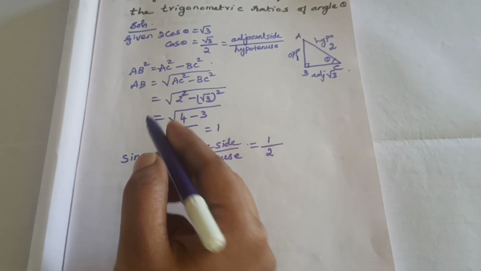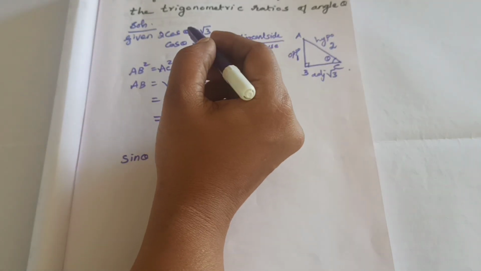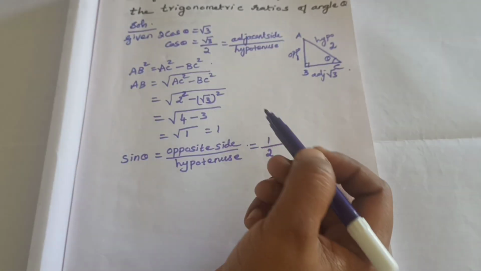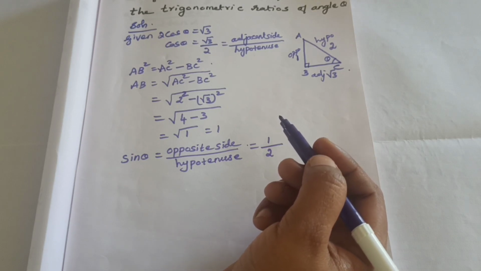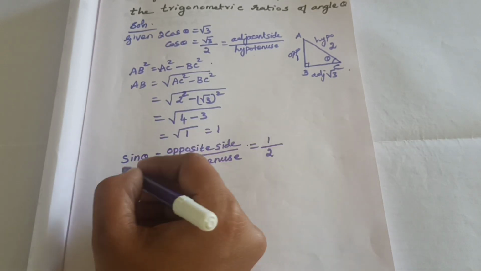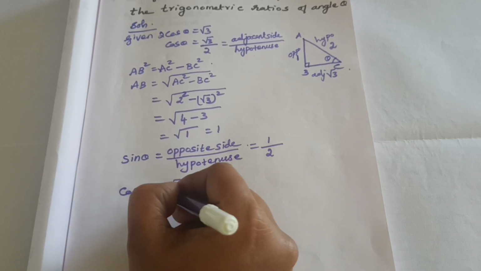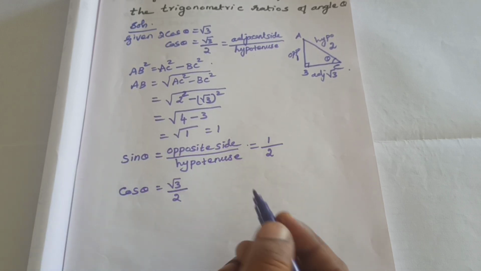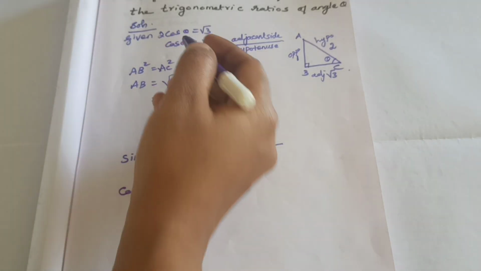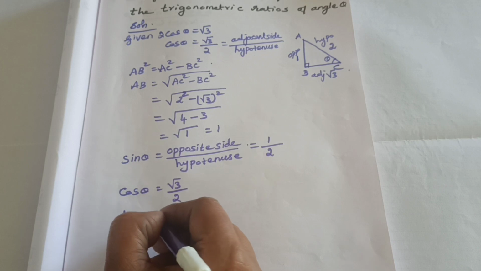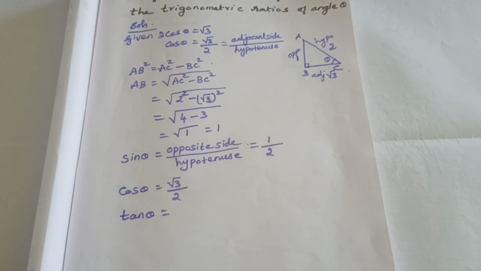Then next one, cos theta. Okay, cos theta here given. Okay, what is given? And then from given we find, isn't it? Cos theta is equal to root 3 divided by 2. Okay, from the question we find. Then next one, tan theta. Tan theta is equal to, what's the formula is same.